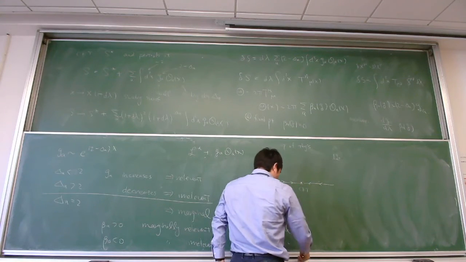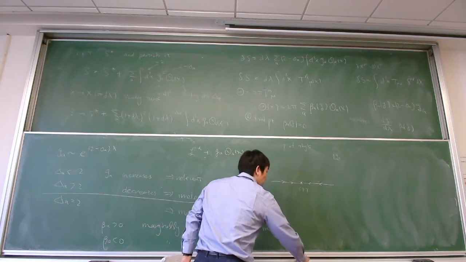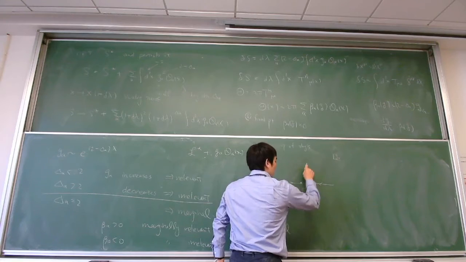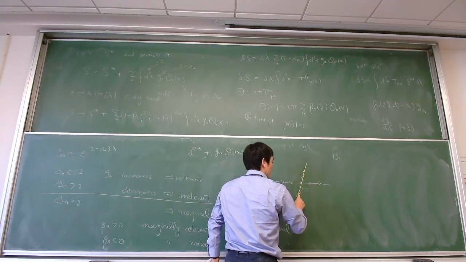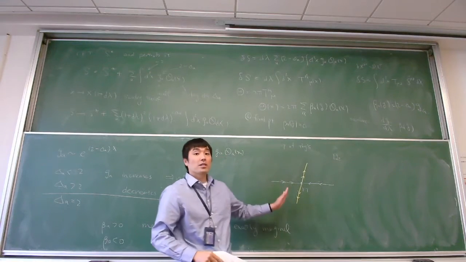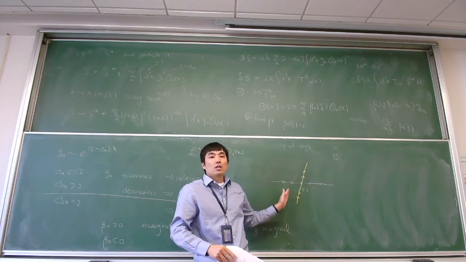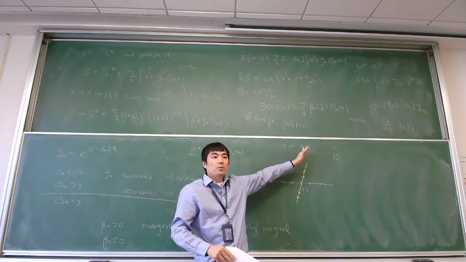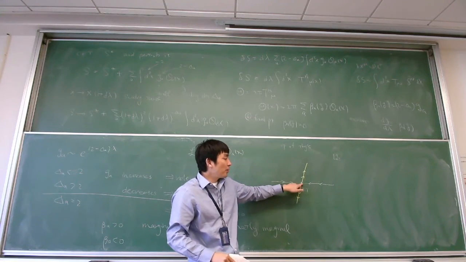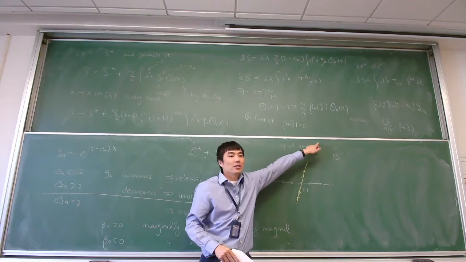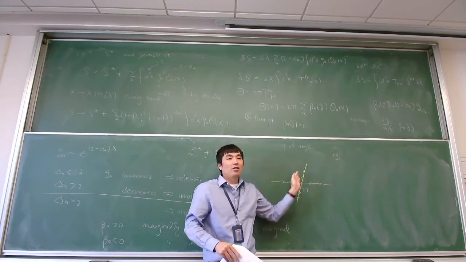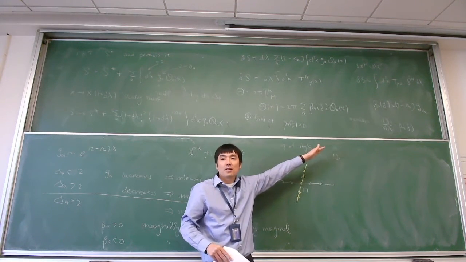On the other hand, the relevant deformation is the opposite. You go somewhere else from the CFT. So if you perturb the relevant operator, then the coupling constant grows, and it goes to some other CFT, most likely.